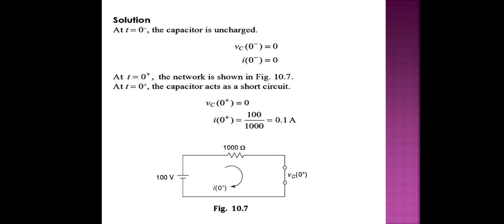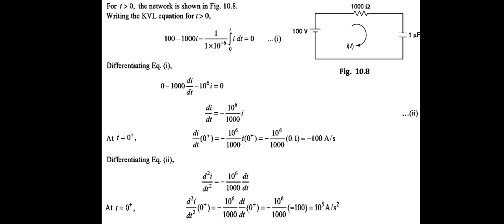By using Ohm's law, applied voltage divided by total resistance is equal to the current passing through the circuit. Therefore 100 by 1000, which is equal to 0.1 ampere. This is I of 0 plus.